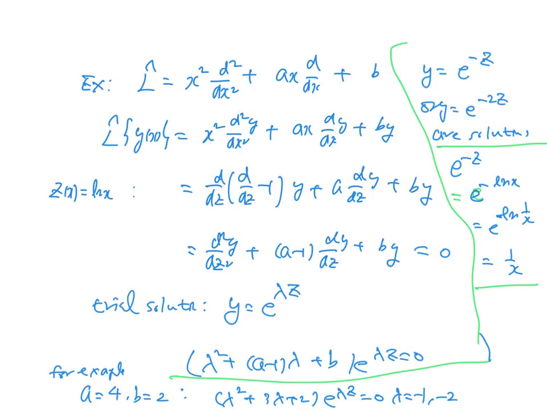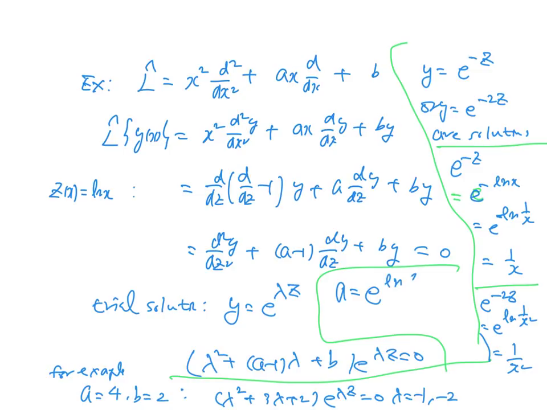Likewise, exponential minus 2z is exponential of ln 1 over x squared, which is 1 over x squared. You can use the fact that a is exponential ln a. Use this.